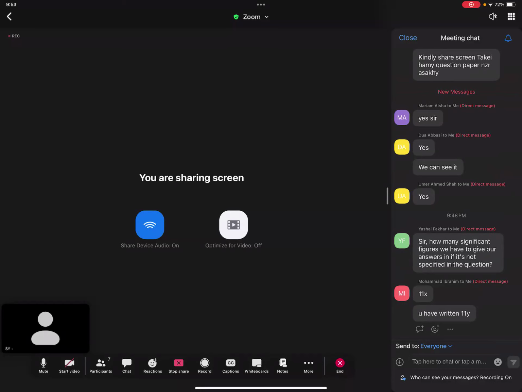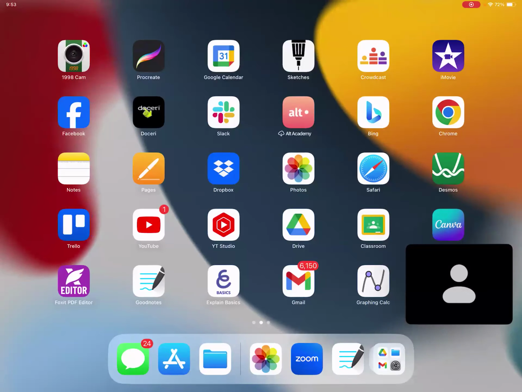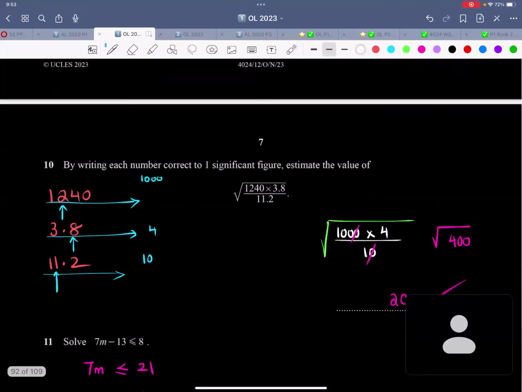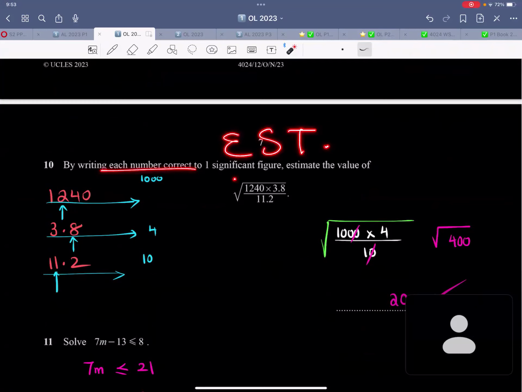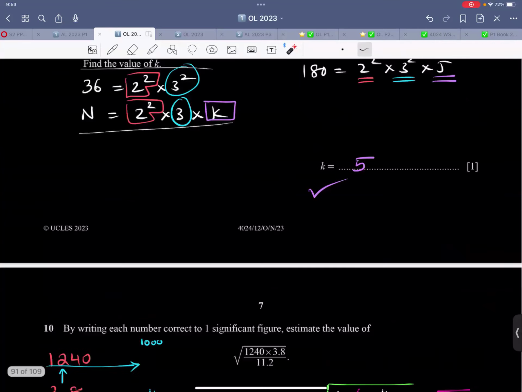Thank you for that. So now the thing is, in paper 1, significant figure is not an issue, because the answers are exact. When they need something simplified for estimation, they will tell you to work in one significant figure or two significant figures.